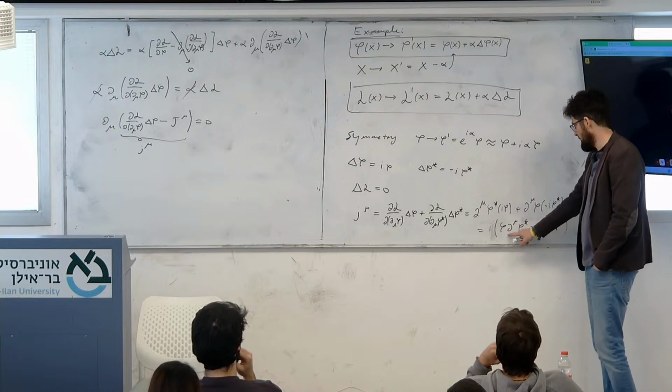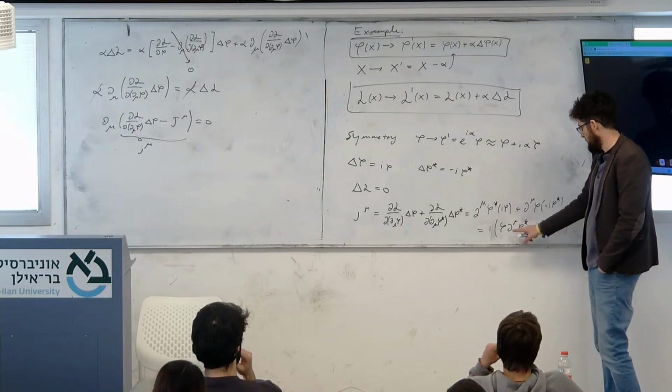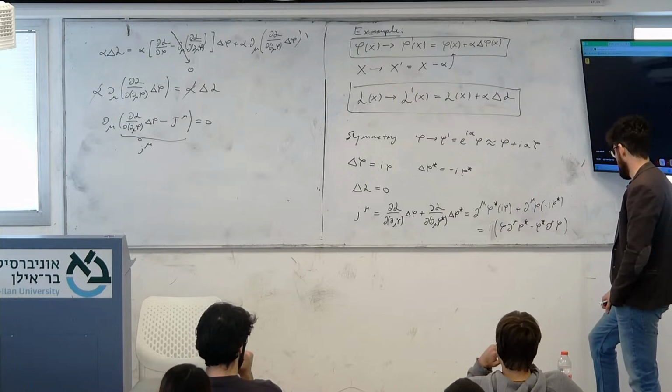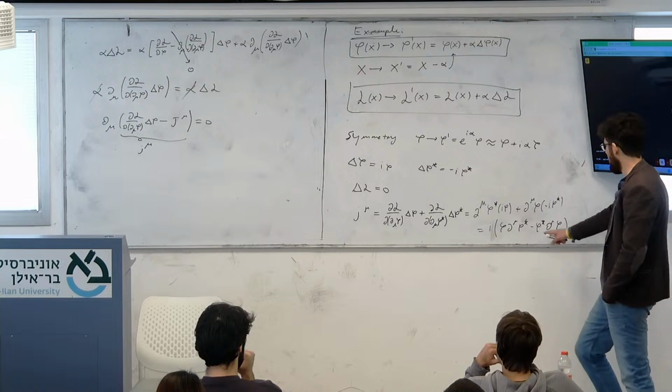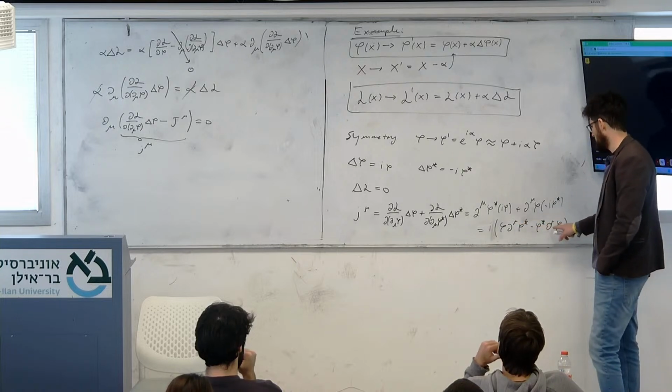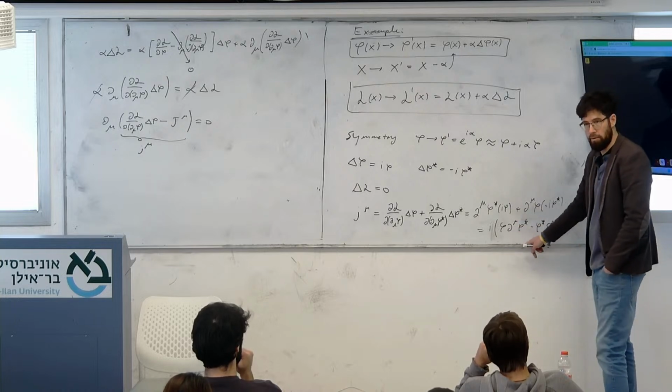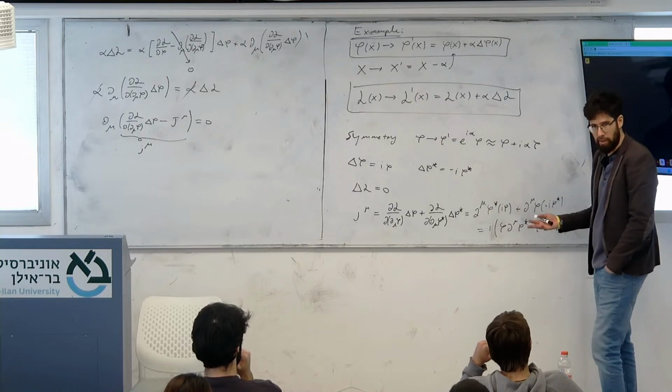You could write this as d0. Without a doubt, when mu is equal to j, 1, 2, 3, this gives us the probability current from quantum mechanics.